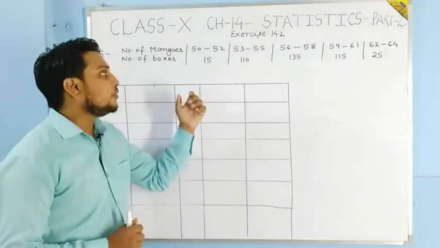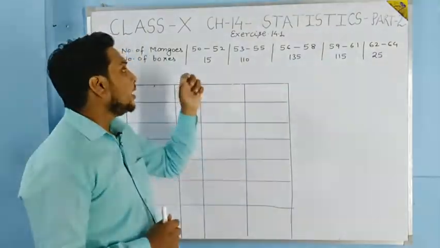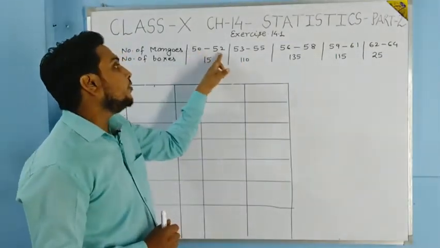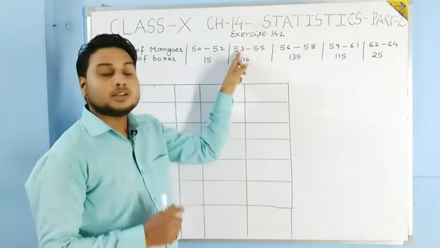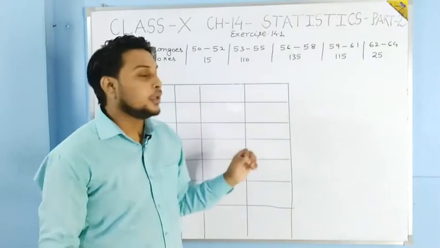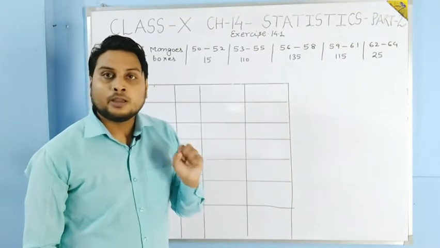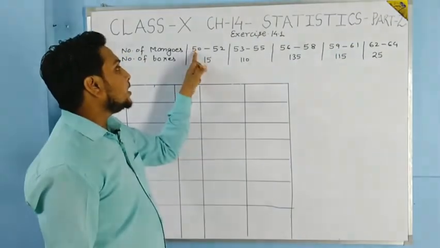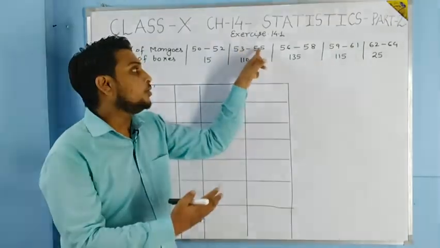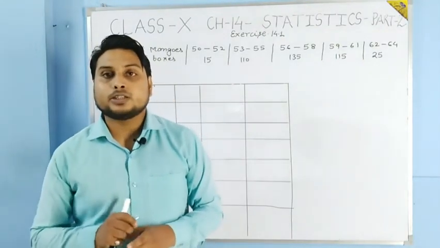In other questions, we had data like 50 to 52, then the next data started from 52, 52 to 54, 54 to 56. Where one class ended, the next started from there only. But in this question, it is 50 to 52, but the next data starts from the next number 53. 53 to 55, 56 to 58, so it is not a continuous frequency distribution.